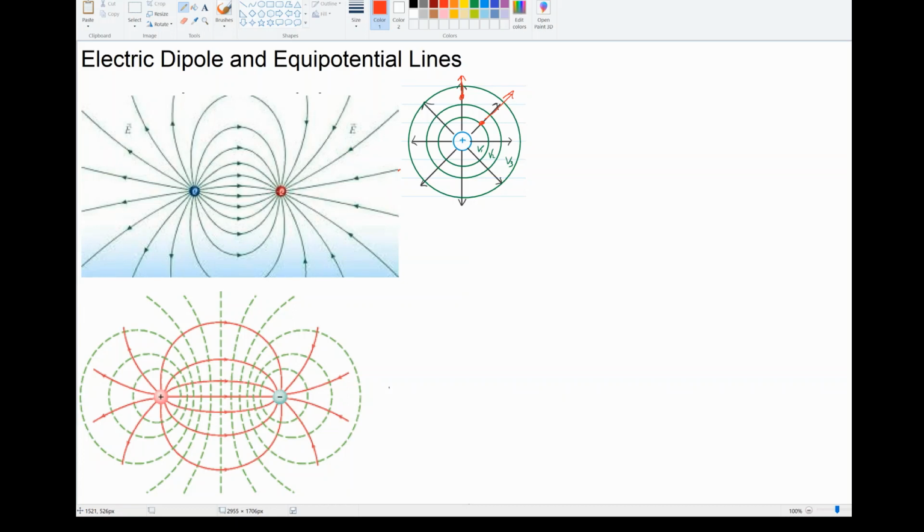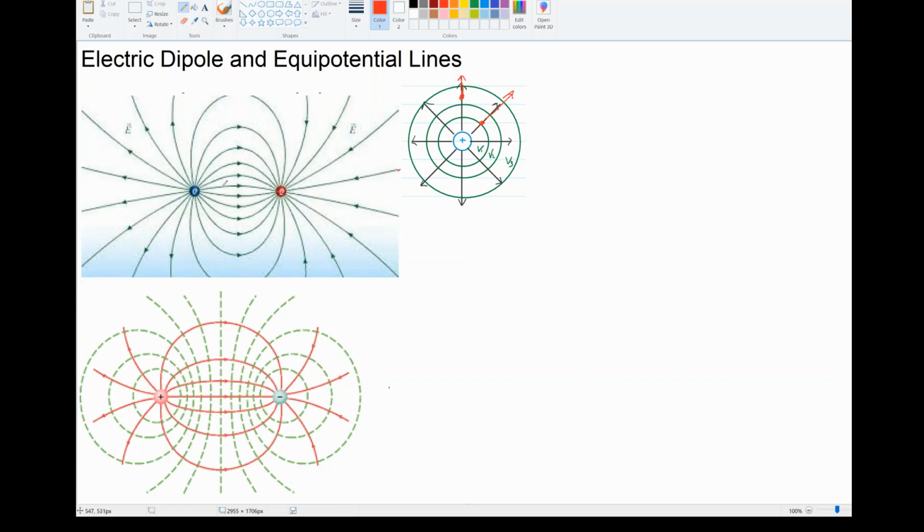Now, if we go to the electric dipole, which is in the top left, you'll see something similar. You'll see these electric flux lines, and they're in the direction of the E field. And here's my positive charge on the left, and here's my negative charge on the right.